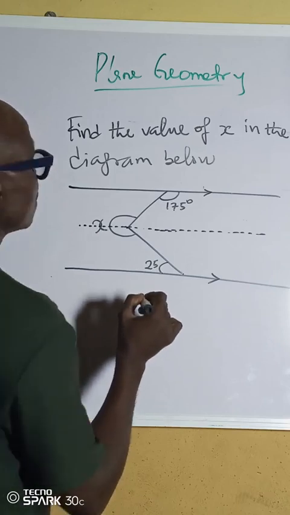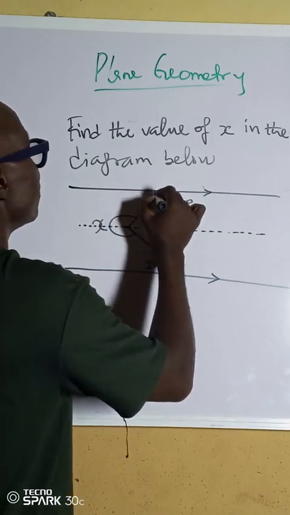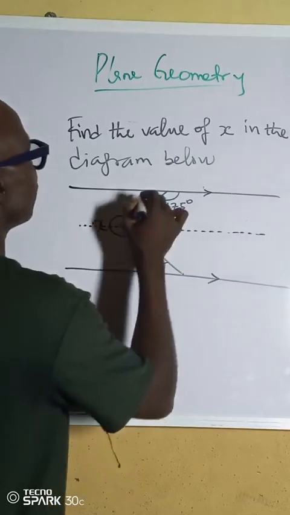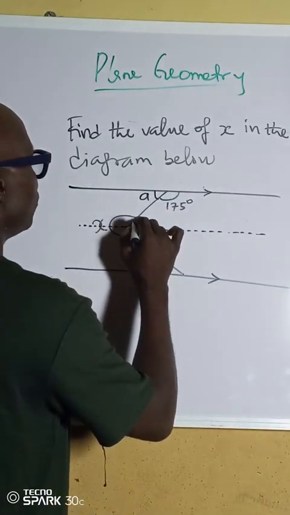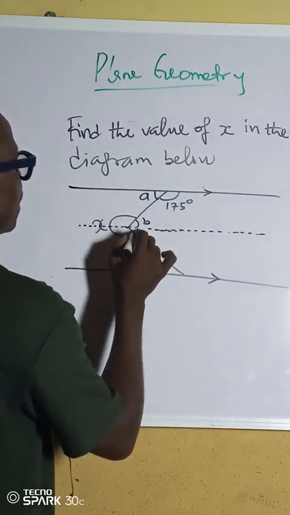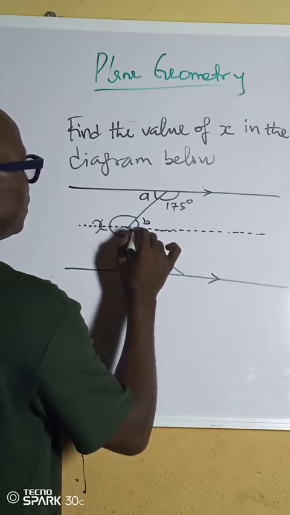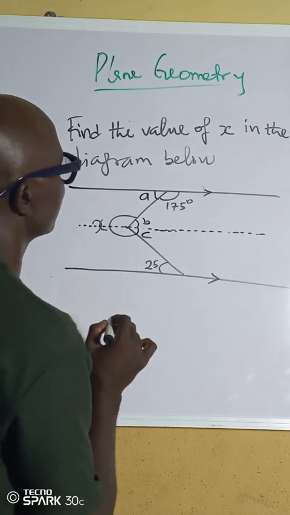What else do I need to do? There is an angle here which is not named. We can call it angle A and call the angle here angle B. From this line to this, there is an angle here. We can call it angle C.